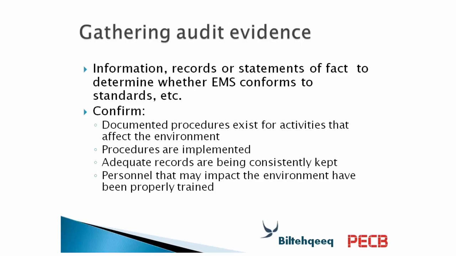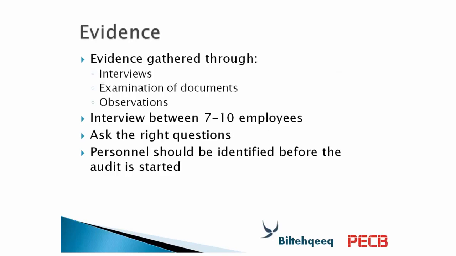And you have to ensure that the proper training has been provided to the personnel who are implementing these procedures. So you can collect evidence through interviews, and by examination of documentation or observations. So you can get the information by these three ways.